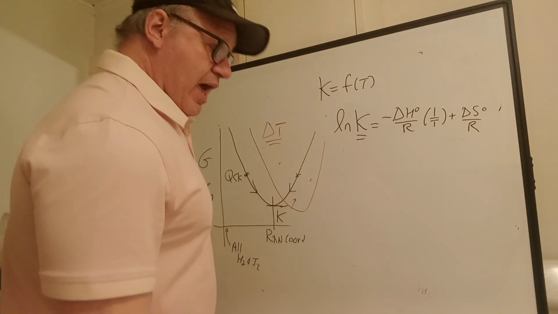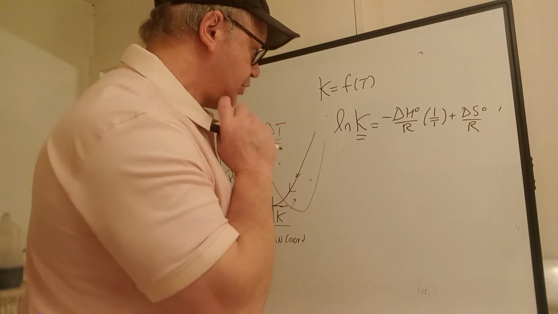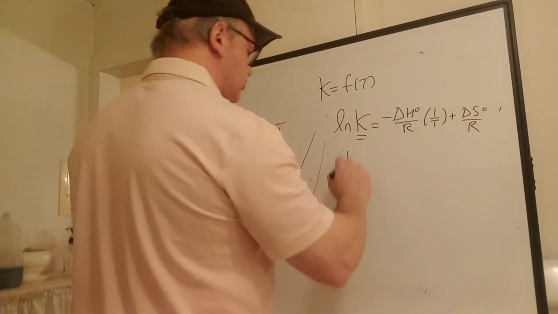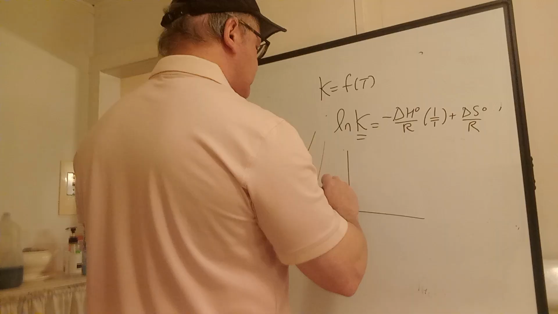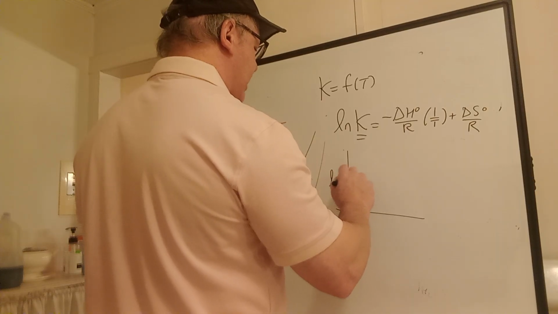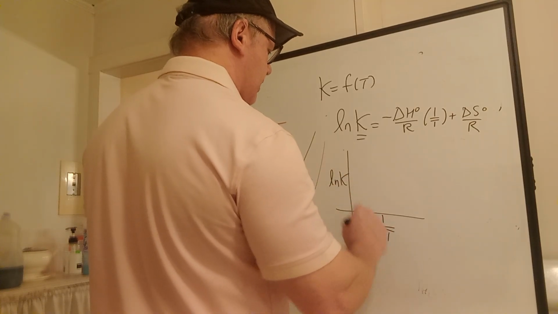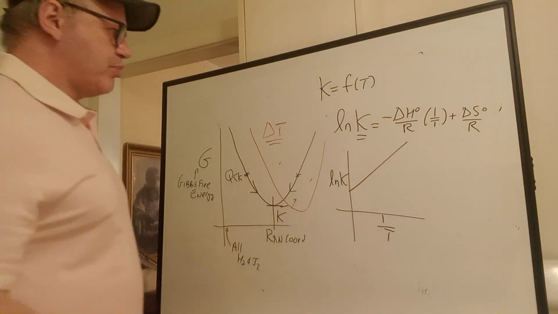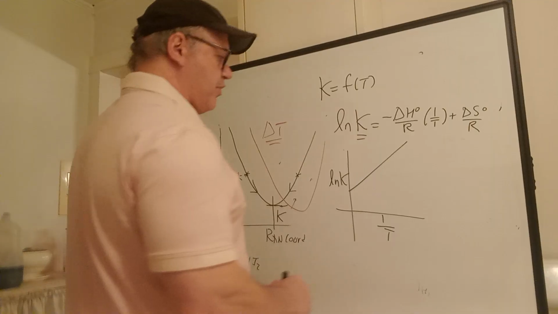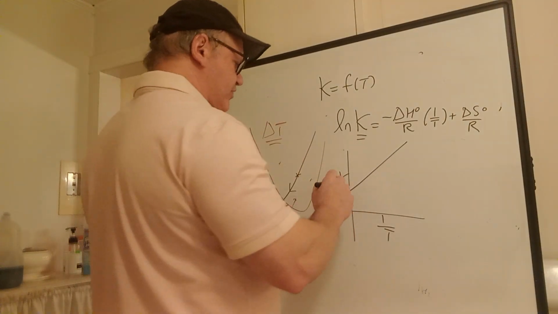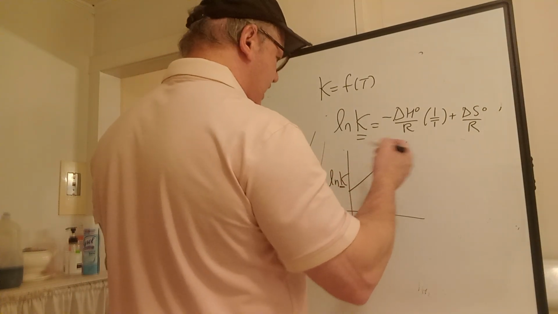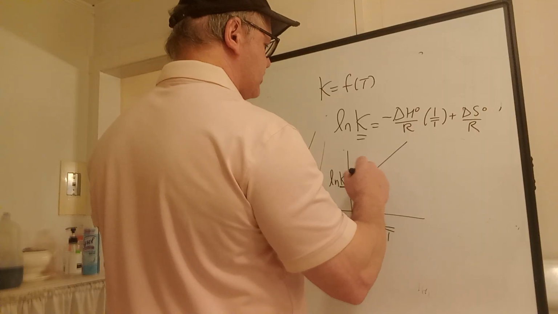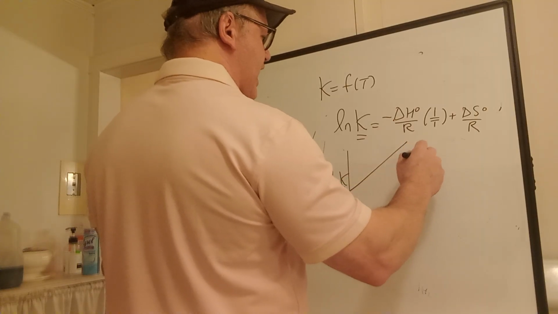At any rate, we know how this looks, right? If you have an exothermic reaction, we plot ln of K versus 1 over T. It goes up, and if you don't remember this, go back and watch that video again where I talked about this relationship. This is the equilibrium constant again, because we have a similar looking plot in kinetics. So here, this would be exothermic.